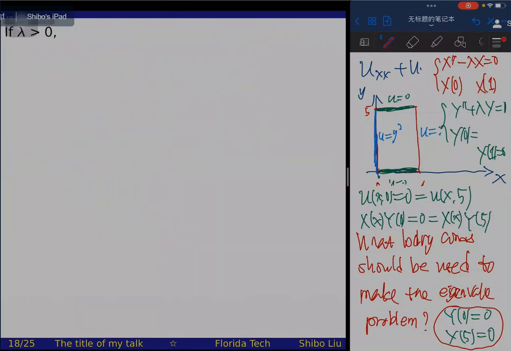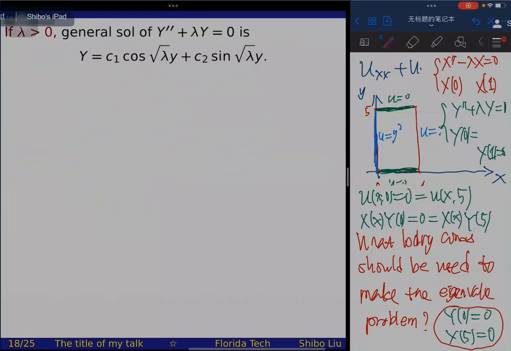Okay. Next, we consider the case that lambda is positive. So when lambda is positive, the general solution is a linear combination of sine and cosine. Therefore, applying the boundary condition, Y(0) is 0, but Y(0) is a linear combination of sine 0 and cosine 0. Since sine 0 is 0, this is C1.